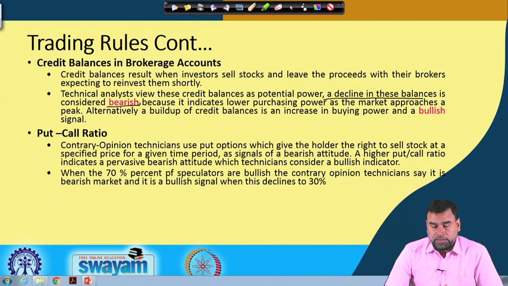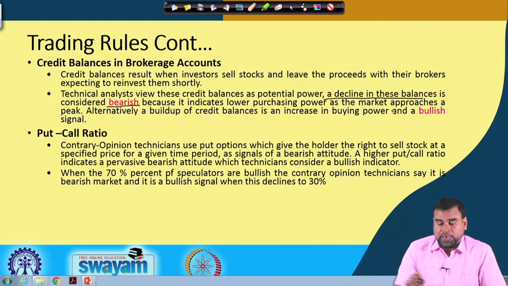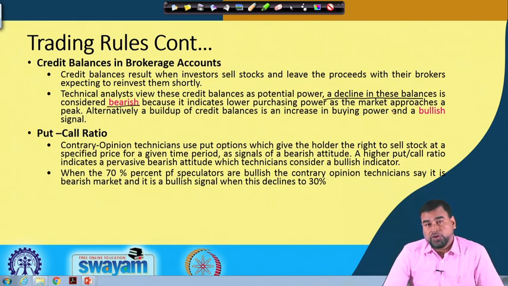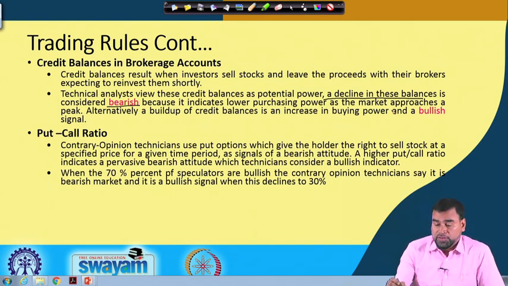It indicates lower purchasing power as the market approaches the peak, so the market is not going to go up, and there is a chance that it is going to go down. But if more money is there, they are expecting that the market is going to be bullish. Remember, these depend upon expectations about the market.